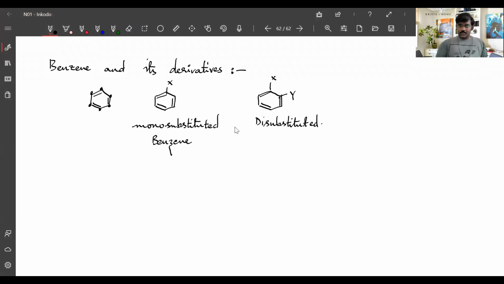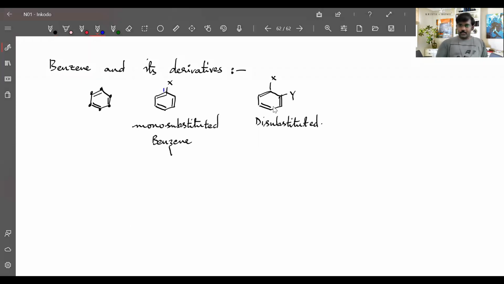Because all the 6 carbons we have there are equivalent, they are the same only. So that's why you can do the first substitution or mono substitution anywhere on the benzene ring. Wherever it was substituted, that will be the first carbon. Here it is the first carbon.